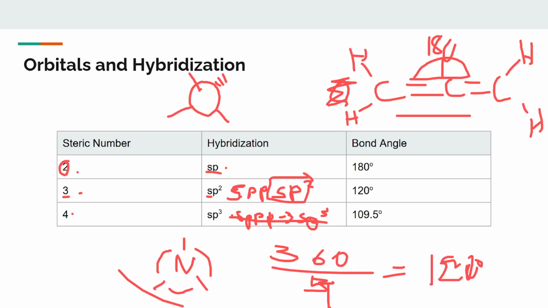So this one's coming out towards us, on the front of this molecule, and this one's coming out the back, and then these two are in the plane. And so it's a little more from each of these bonds than 90 degrees. So it's 109.5.